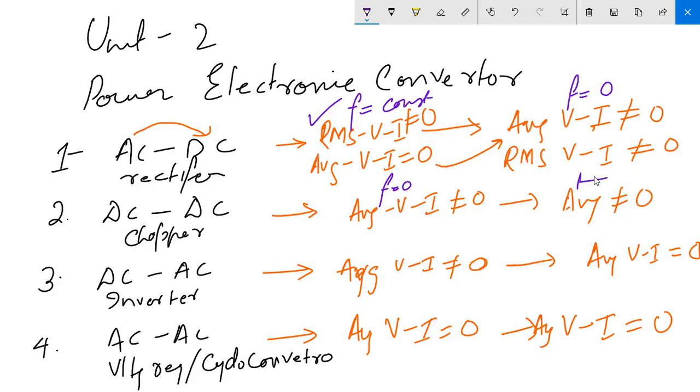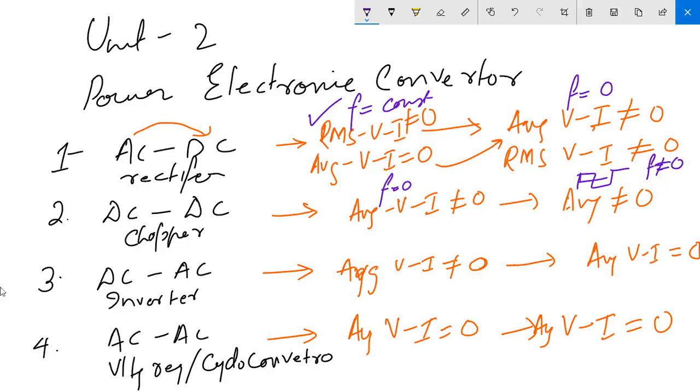We can't say it is 0 either. Frequency is not 0.